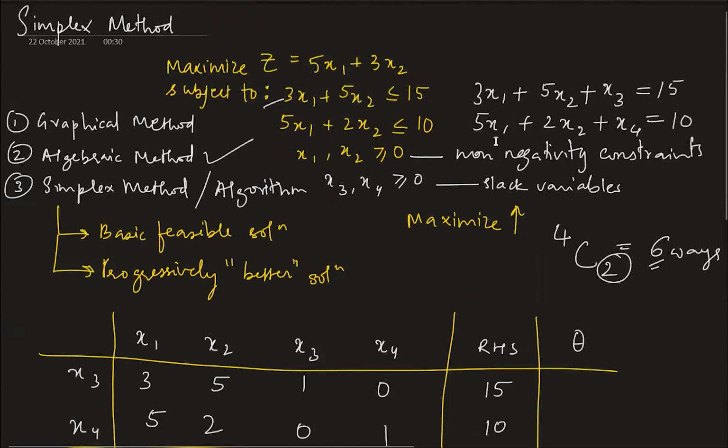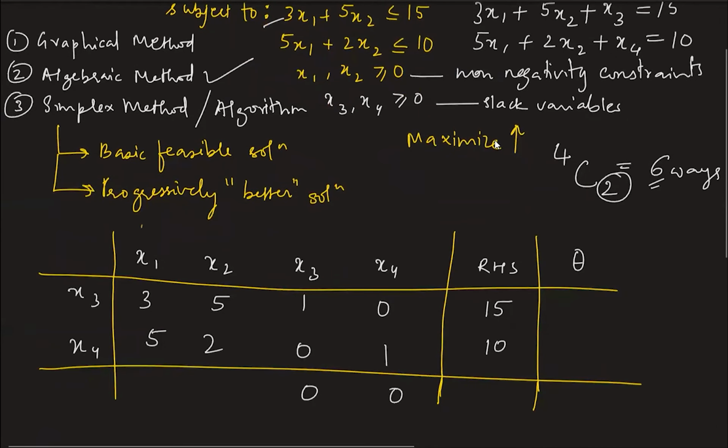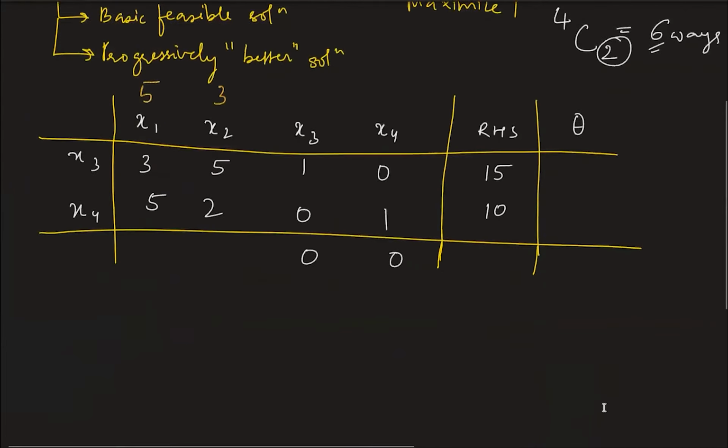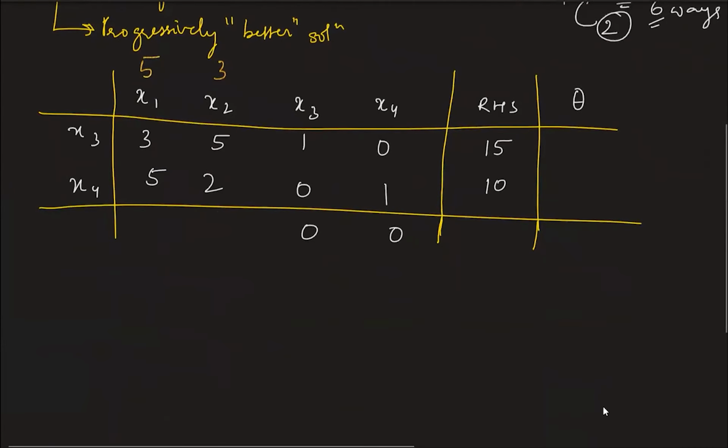So the objective function is 5x1 plus 3x2. And as you can see in the objective function, the slack variables don't have any contribution whatsoever. So the coefficient remains 0 here, and we start by solving.